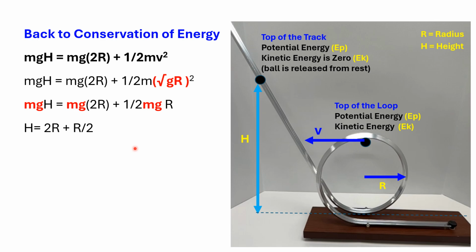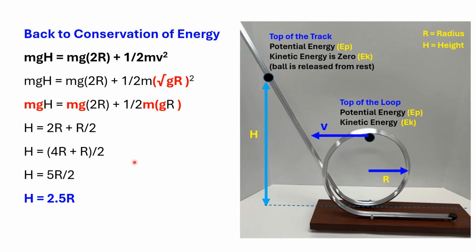Now we have an expression only in terms of the height of the release and the radius of the circular loop. And finally, we have the minimum height, which is 2.5 times the radius of the circular loop. And since mass is not showing in this result, this height would work for any size sphere to complete this loop.